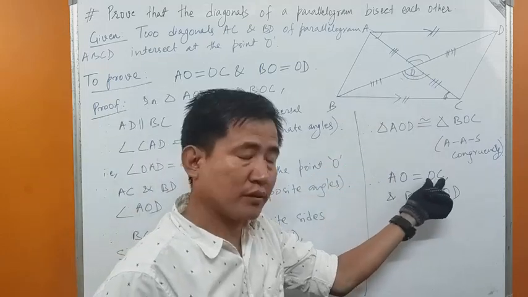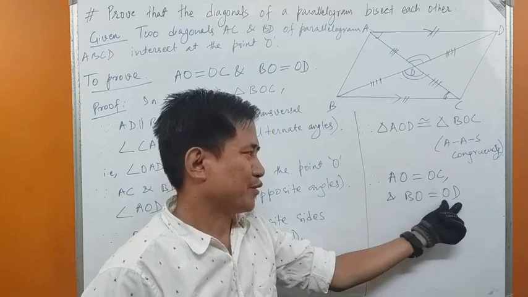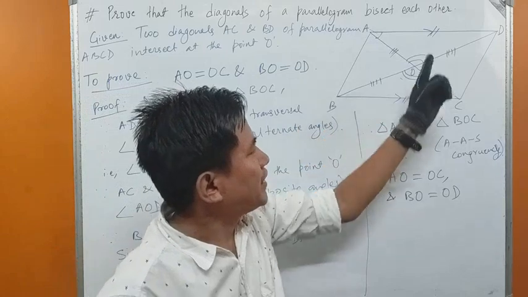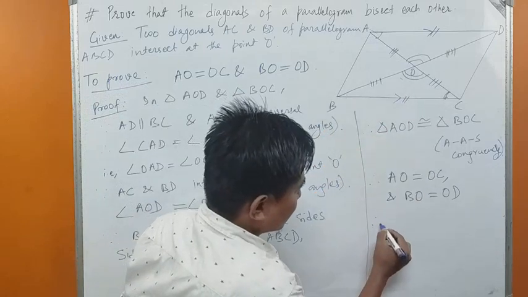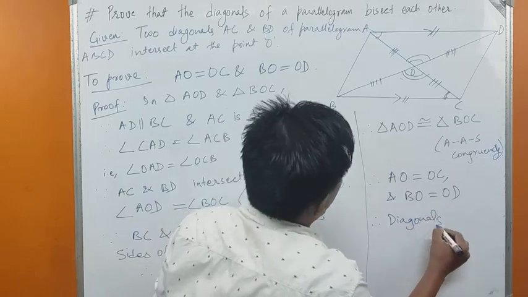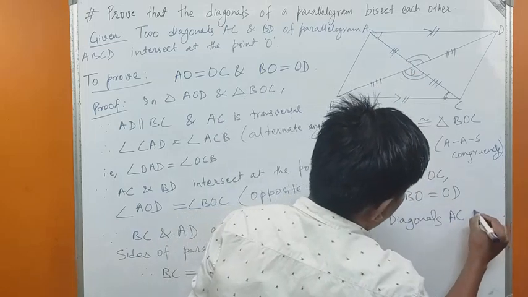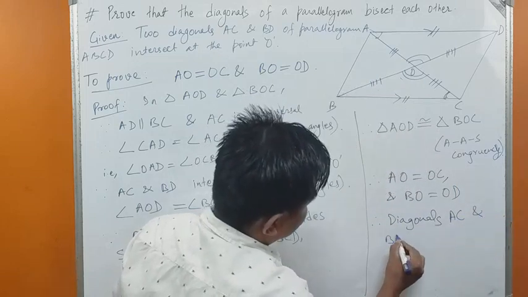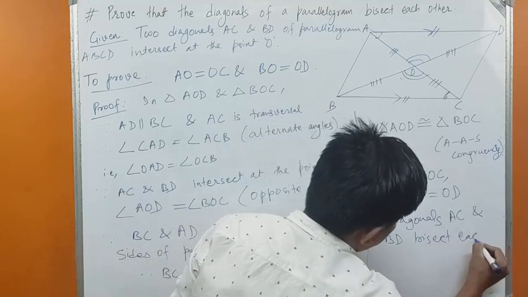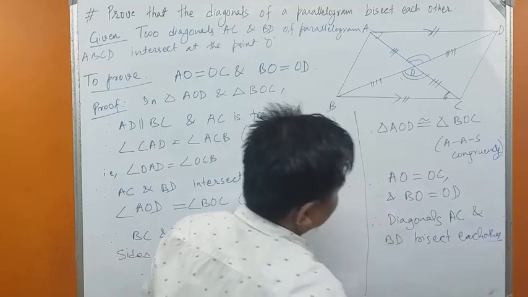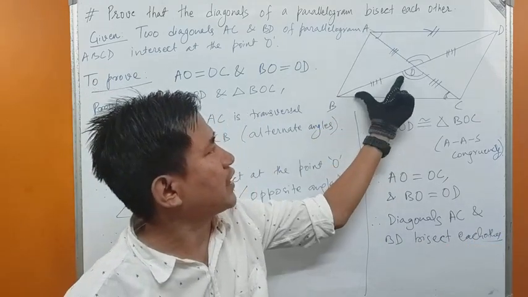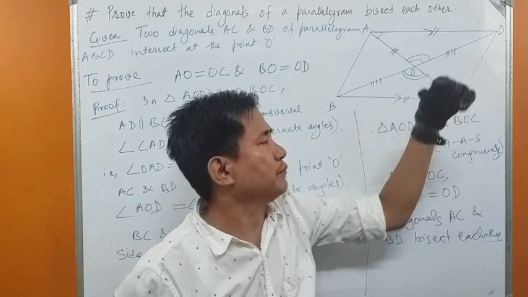So AO must be equal to OC and BO must be equal to OD, which means diagonals AC and BD bisect each other, isn't it? This half of the diagonal is equal to this half of the diagonal, and this half of diagonal BD equals this half of diagonal BD.